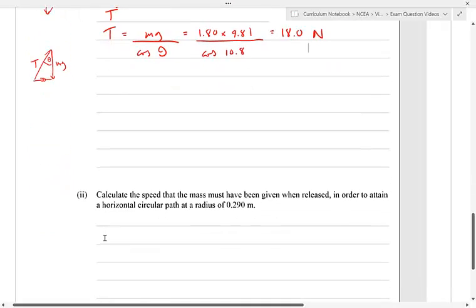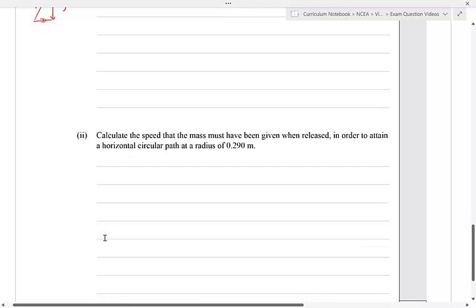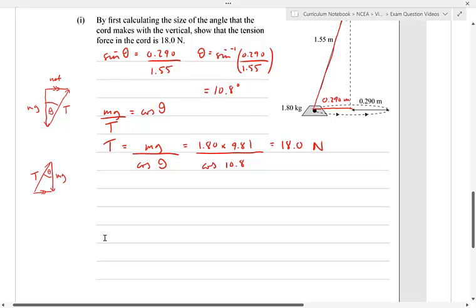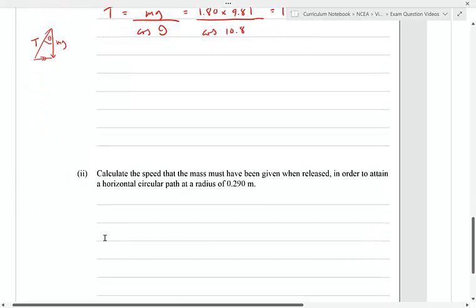Calculate the speed that the mass must have been given when released in order to attain a horizontal circular path at a radius of 0.290 meters. So for the speed, we need to first find the centripetal force. We can use this diagram that we've drawn up here.